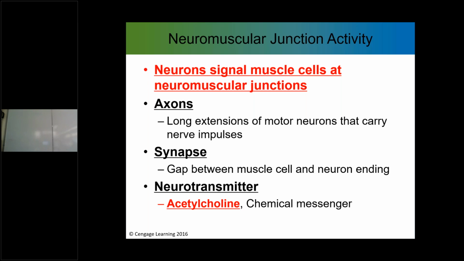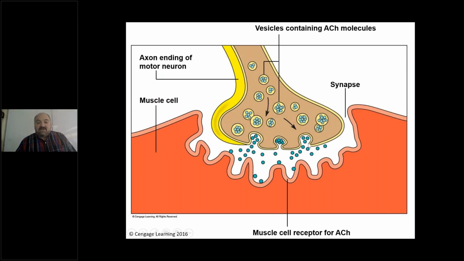Is there a space there? Those of you online? It's not touching, is it? There's a space here. So we would call this a chemical synapse. Write that down, please. It's a chemical synapse. That chemical is the acetylcholine, ACH.